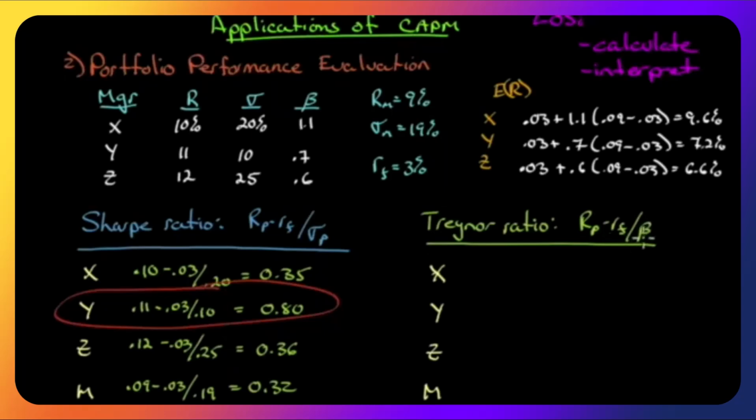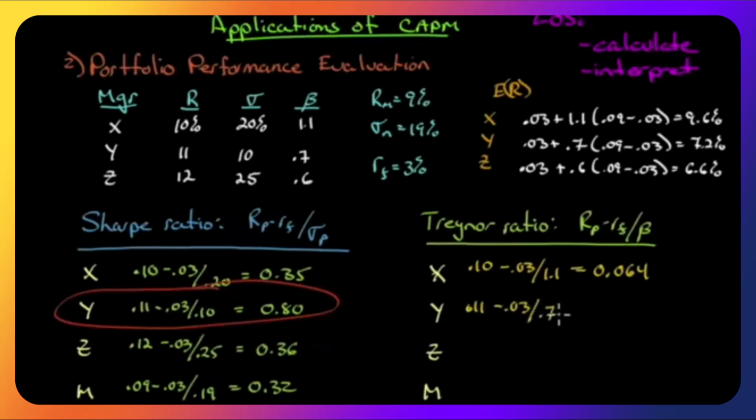The numerators here will all stay the same, only the denominators change. So you could just look over here for the numerator, 0.1 minus 0.03 over 1.1, has a beta of 1.1, equals 0.064. Y is 0.11 minus 0.03 over its beta, which is 0.7, gives us 0.114.